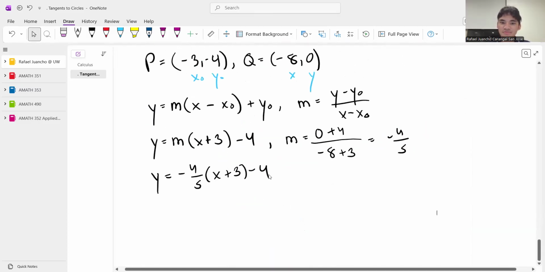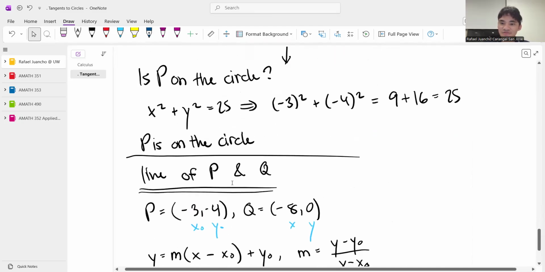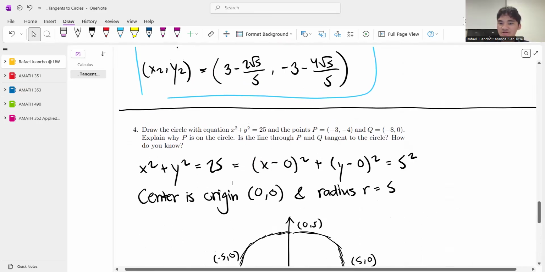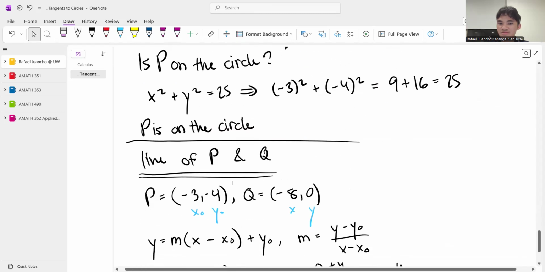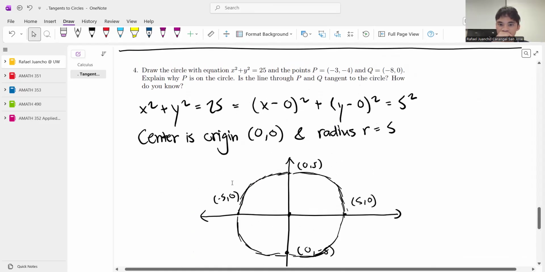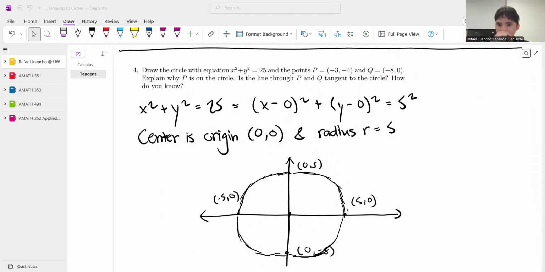Ah, so now that we found this line of P and Q, the way we can figure out if it's tangent to the circle, oh, we need to draw it.